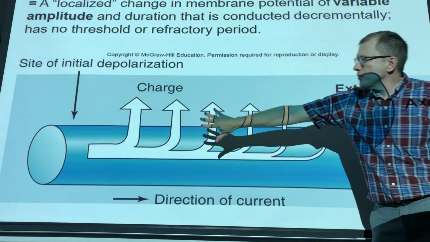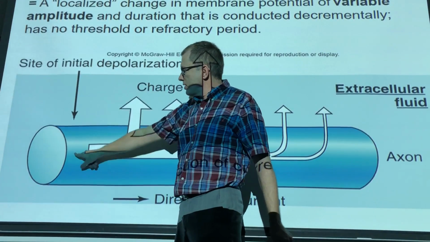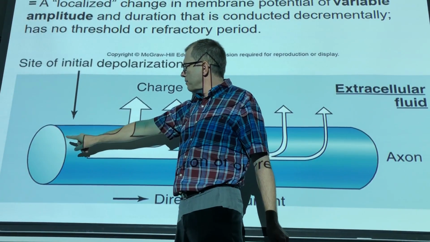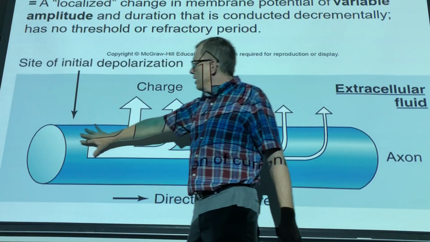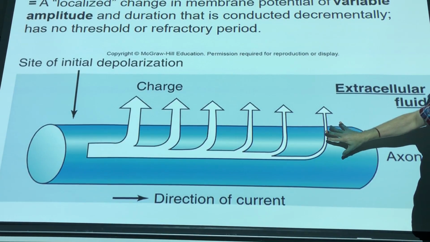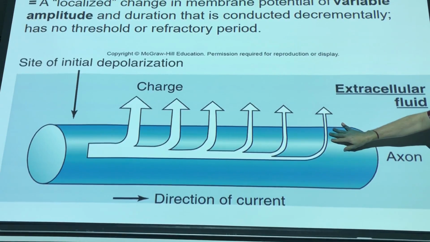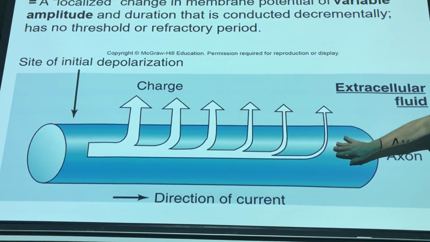Because the further from the site of the initial electrical change, the smaller they become. It's called localized, because they don't travel forever. They just travel short distances, okay?